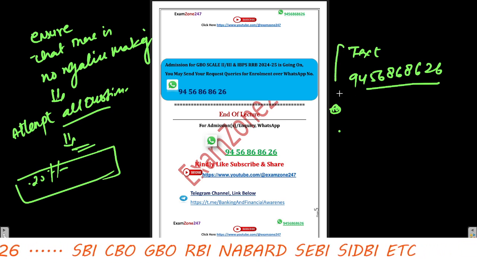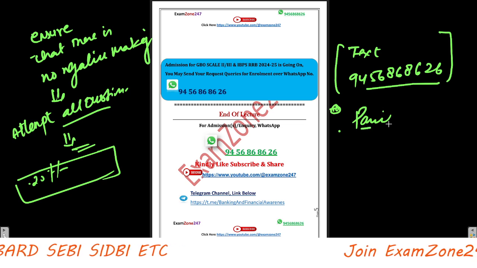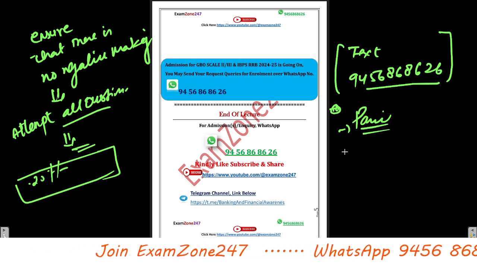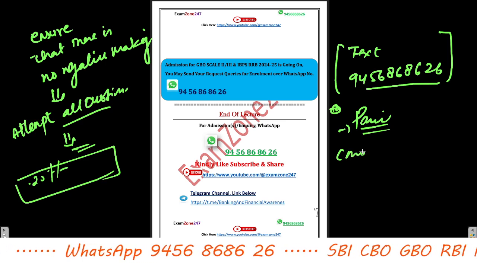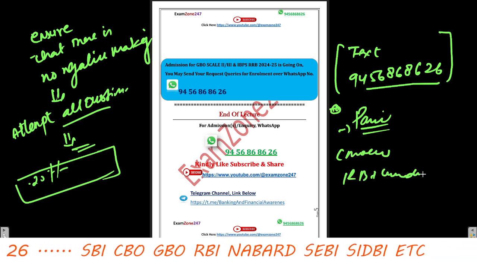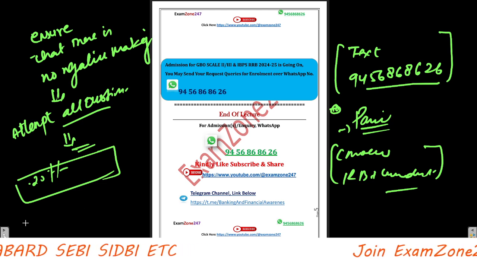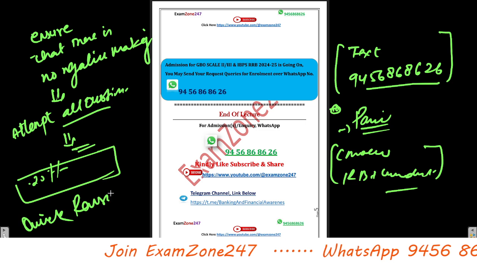Further, do not panic. There are a number of opportunities. Even if you have not studied till date, you still have time. Just focus on current banking, economy and finance and RBI guidelines only. This will also work. I have already shared the quick revision book.